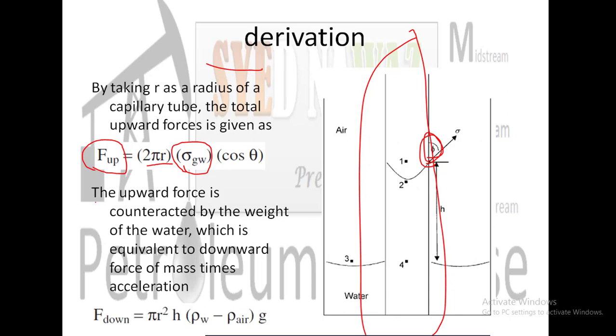For this upward movement there will be an equal and opposite counteracted weight from upward towards downward. The force moving upward is counteracted by an equivalent force moving downward. That area will give you pi r square into H into density of water minus density of air into gravity.